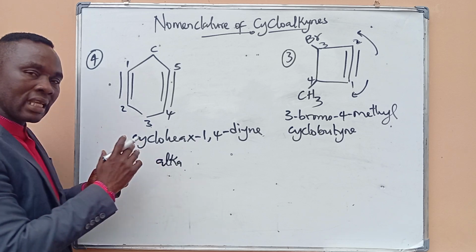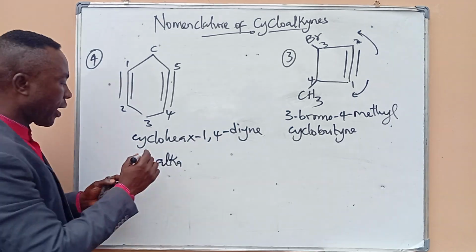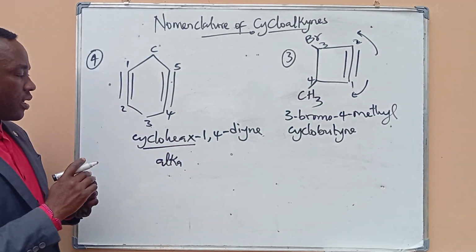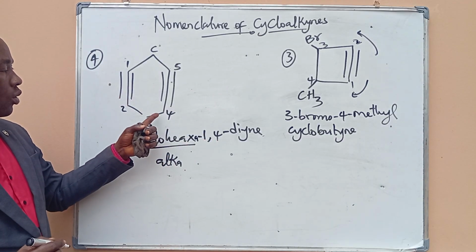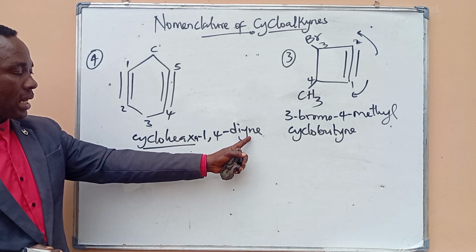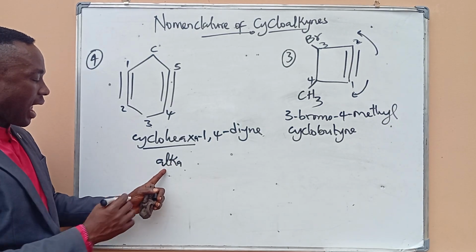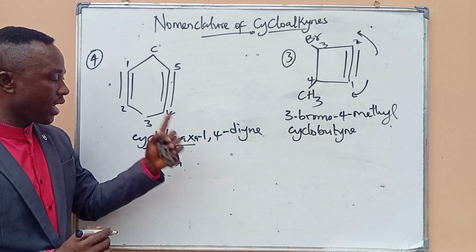Okay, thank you. So when we have 2 or more triple bonds, we name the alka, which is the parent compound, which is cyclohexa, because we have more than 2 triple bonds. So we use alka, which is cyclohexa.